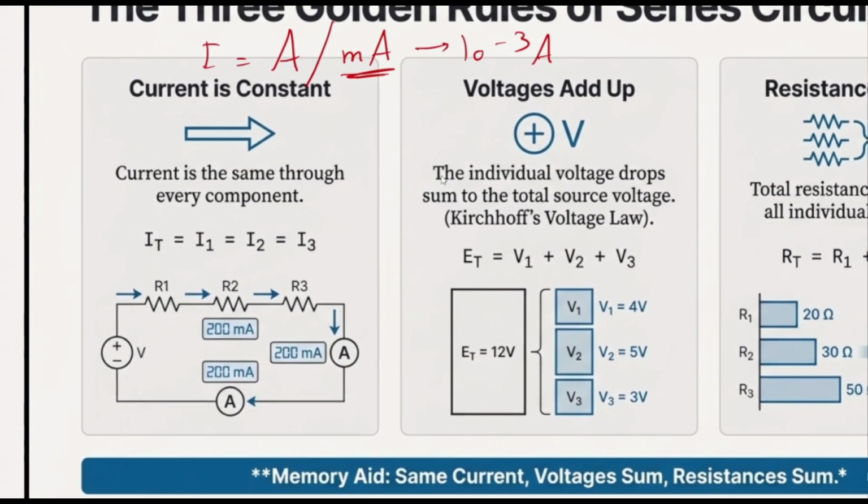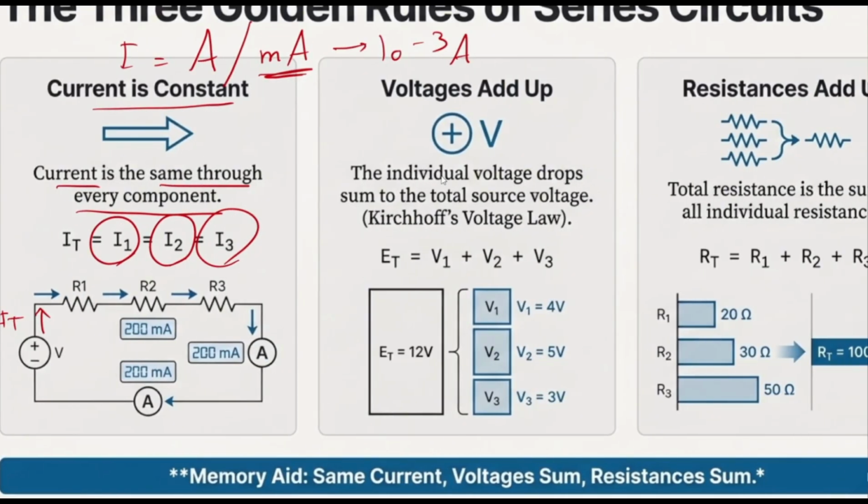So as I just told you, current is constant. It means that the same current goes through each component. The I total, the current that comes out of the voltage source, which we call IT or I total, is going to be I1, the current that goes through the first resistor, I2, the current that goes through the second resistor, and I3, the current that goes through the third resistor. All of them are going to be the same. Voltages are going to add up.